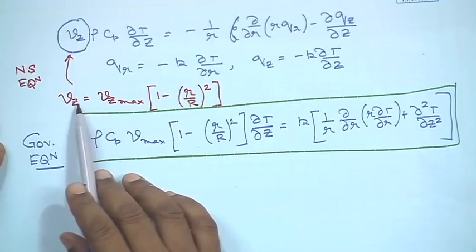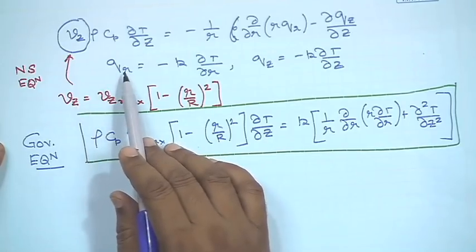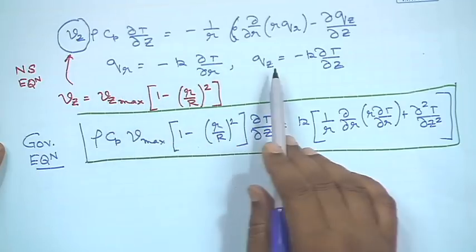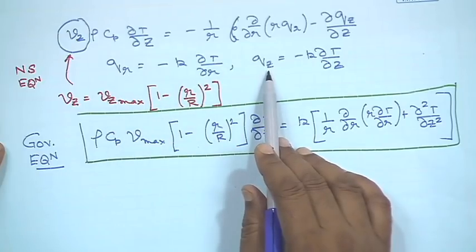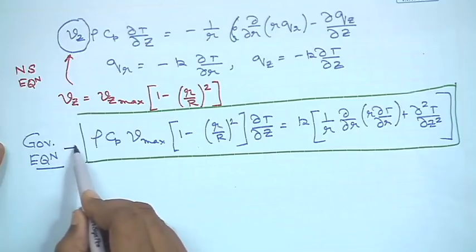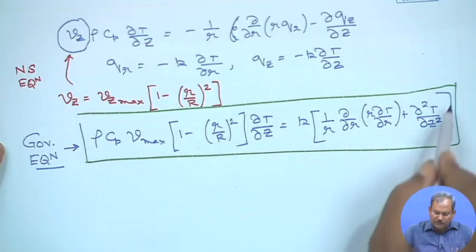At the end of the complex process, after plugging in the value of Vz, the actual velocity, the radial heat flux in the r direction, and the heat flux in the z direction, we obtained the governing equation in this specific form.